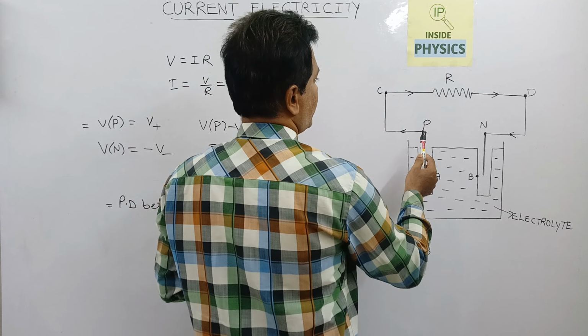Okay, so that is why here the epsilon, the EMF of the battery, can be written as, in case of an open circuit, this is IR. Okay, I is the current flowing through the electrolyte and R is the internal resistance.